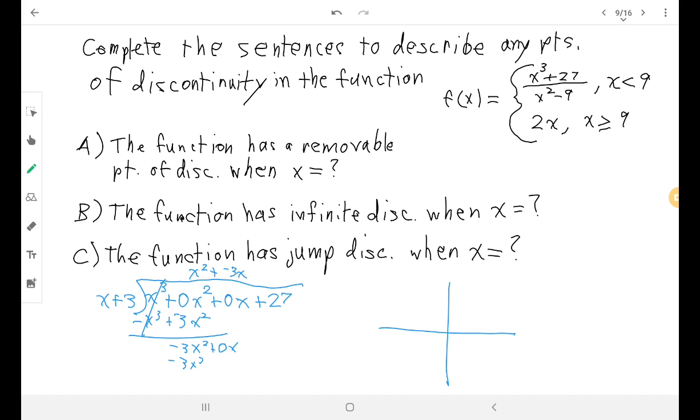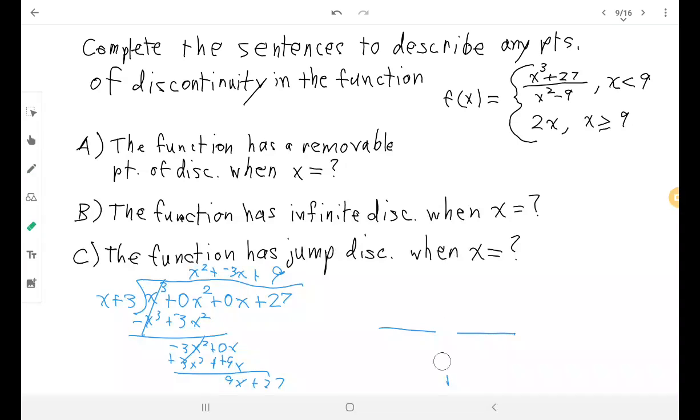So that's negative 3x squared plus negative 9x. Change the sign, so I'm subtracting. Gives me 9x plus 27, so plus 9, and that'll come out. So then I've got x squared minus 3x plus 9.